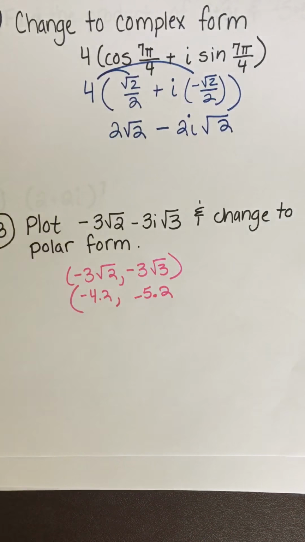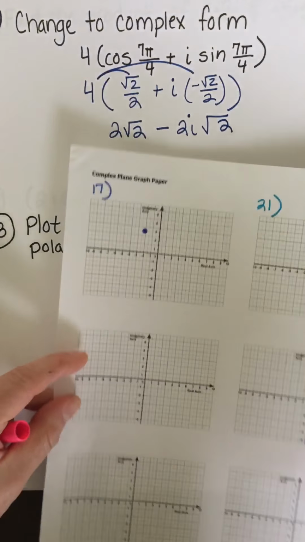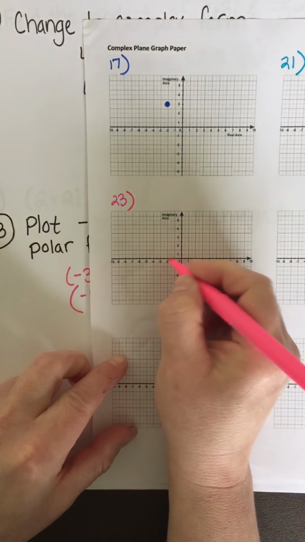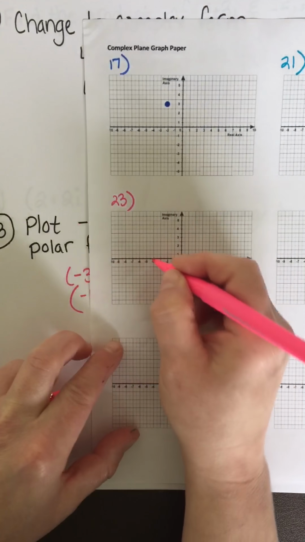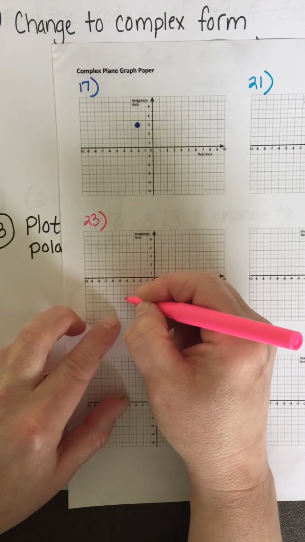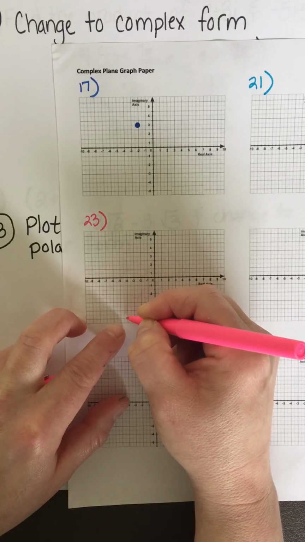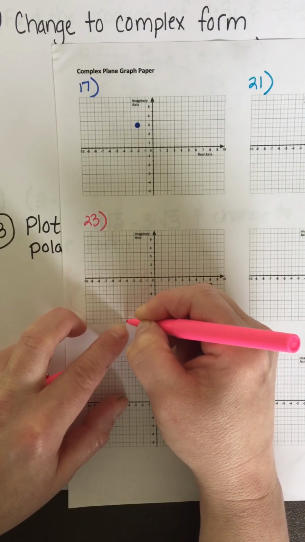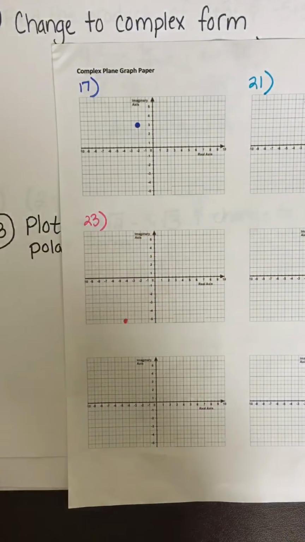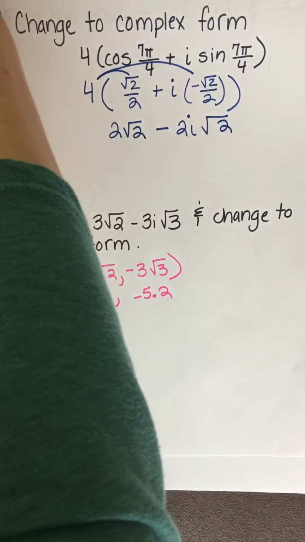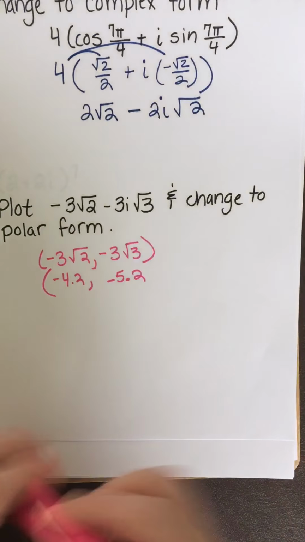So number 23. Negative 4.2, negative 5.2. Old people problems. There we go. I just made my circle big. Looks great, right? All right, and then let's change the form.